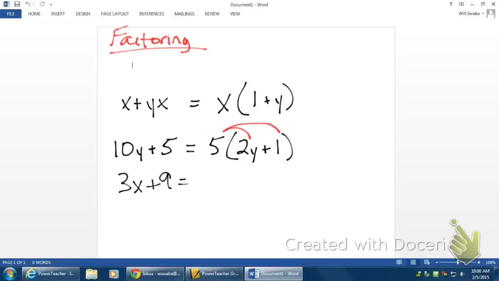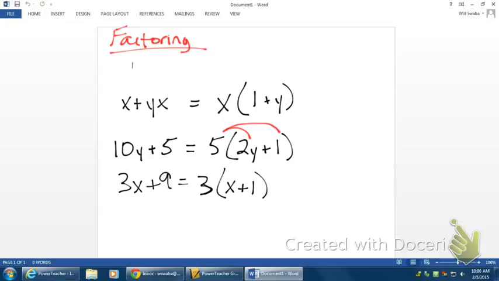Not everybody at once. 3. Yeah, thank you, Kenny. Good job. Now, what is left? X plus 1. Those are equal to each other.